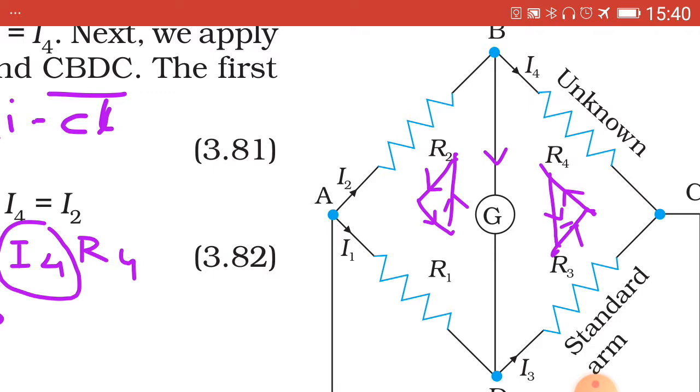Ig is also going away from B, so again minus Ig, but that is equal to 0, so we don't bother about it.